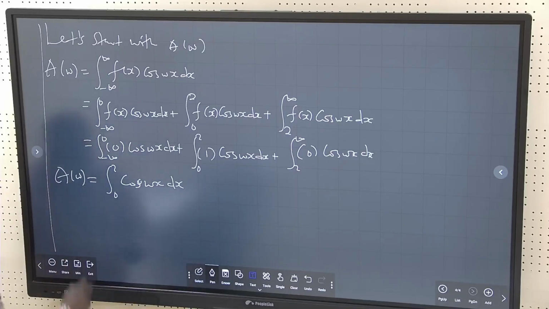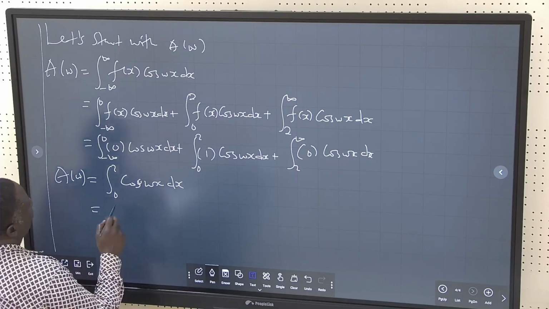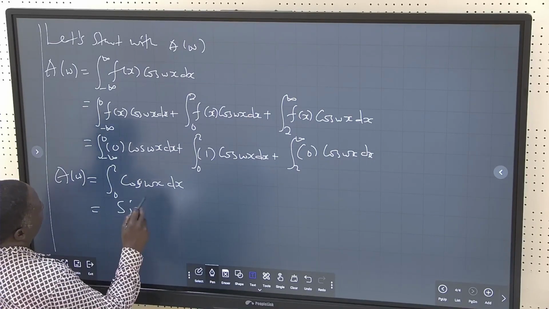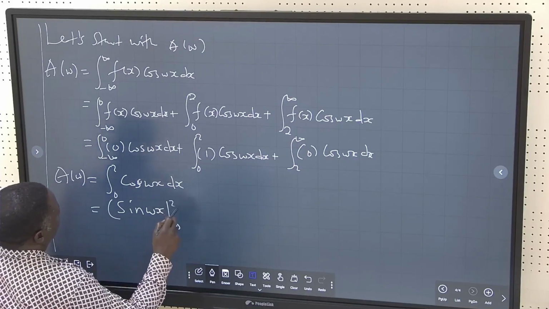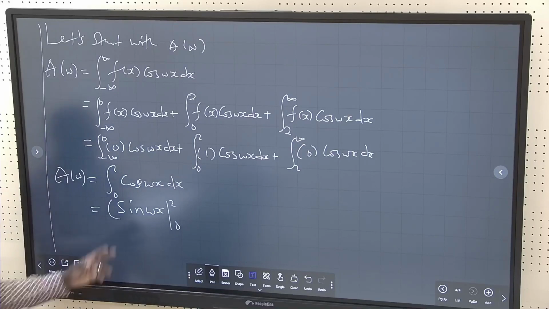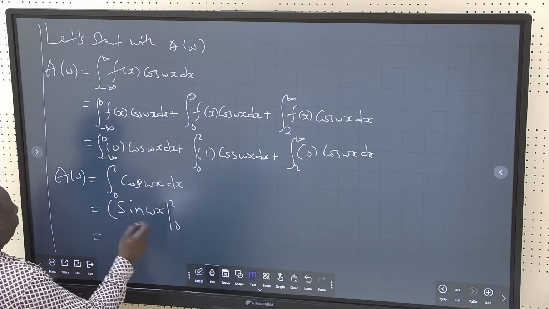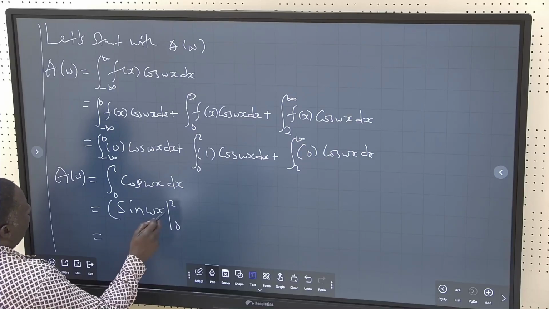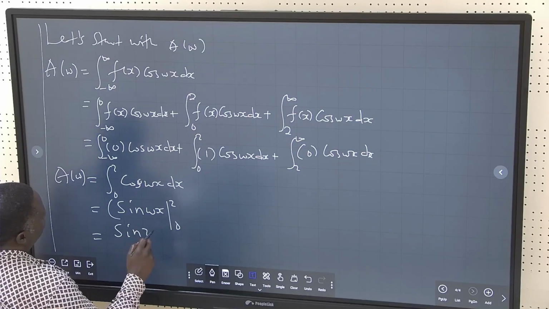Integrating cosine omega x with respect to x, we get 1 over omega sine omega x from 0 to 2. Now, evaluating the value here, when x equals 2, you get sine 2 omega.